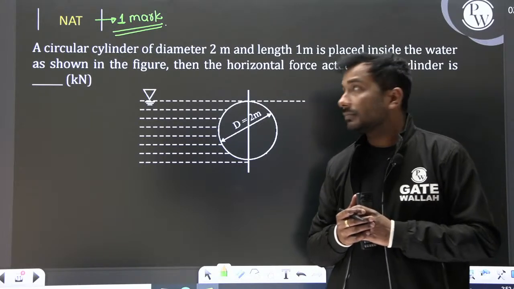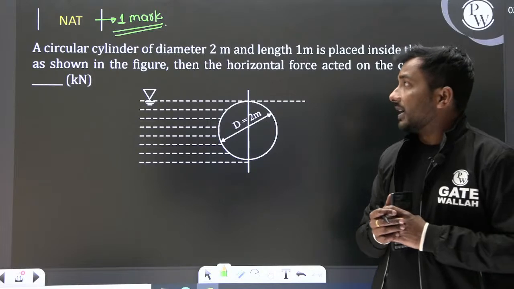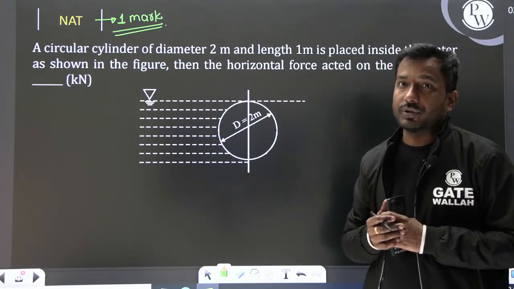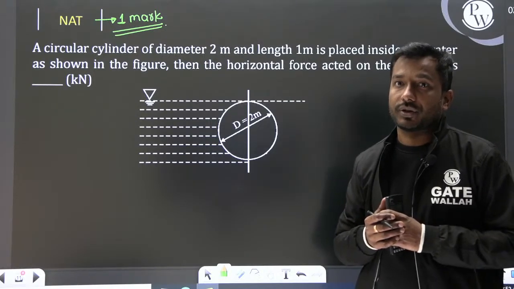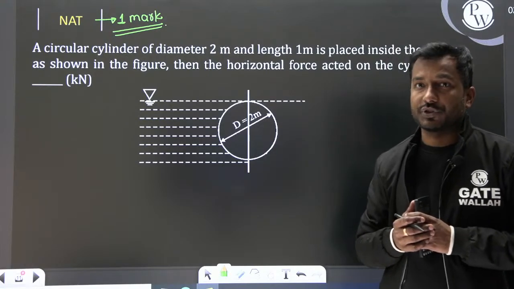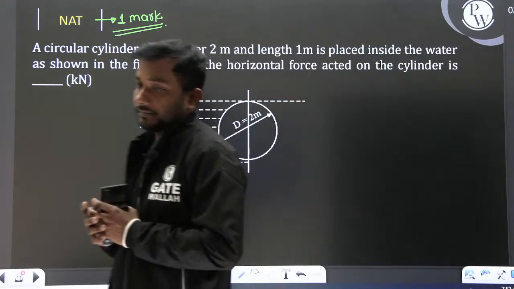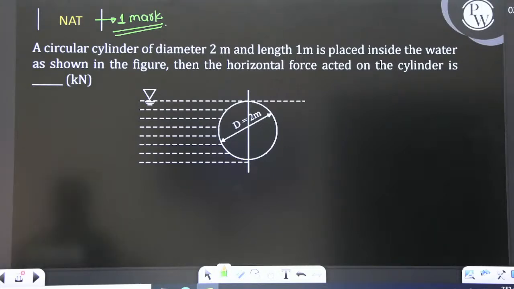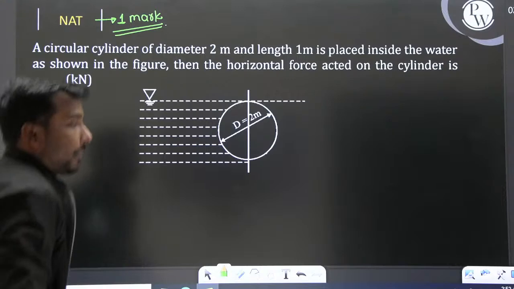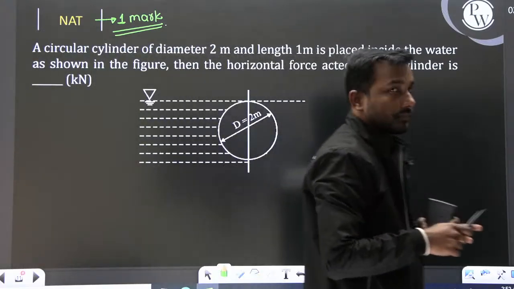First try to solve the question, give the answer in the comment box, and then I will discuss the question. Please try.